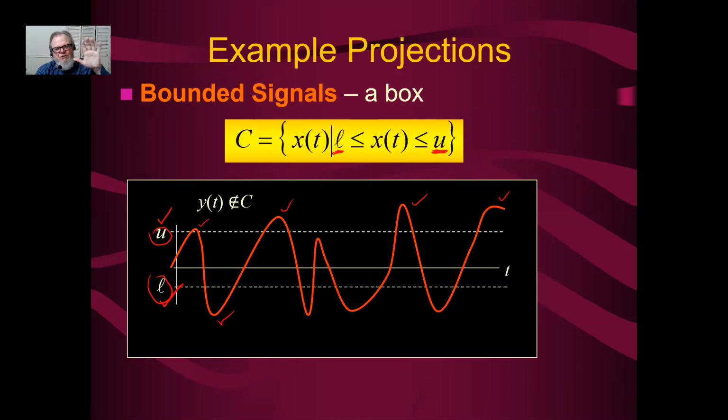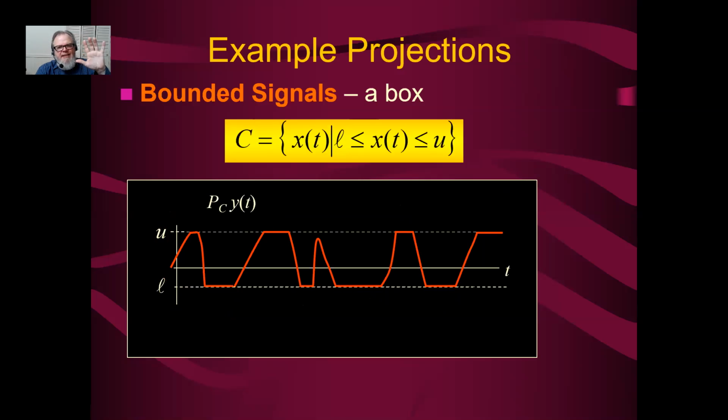These projections are very intuitive. And what do we get here? We get this. See, before this signal went up like this. So we just took this signal and clamped it down so that it conformed to the boundaries, the lower versus the upper, right?